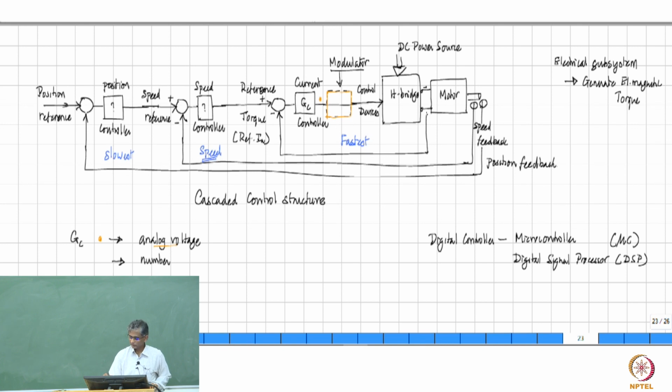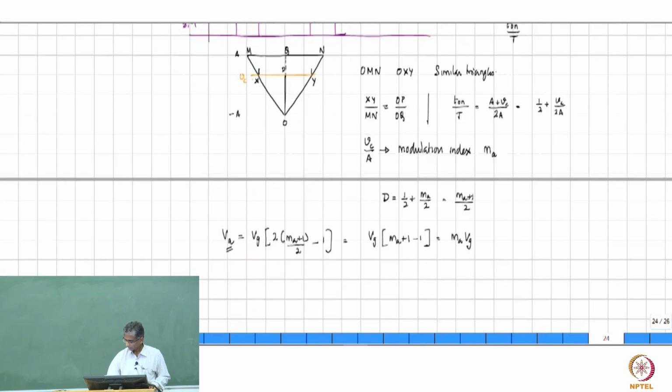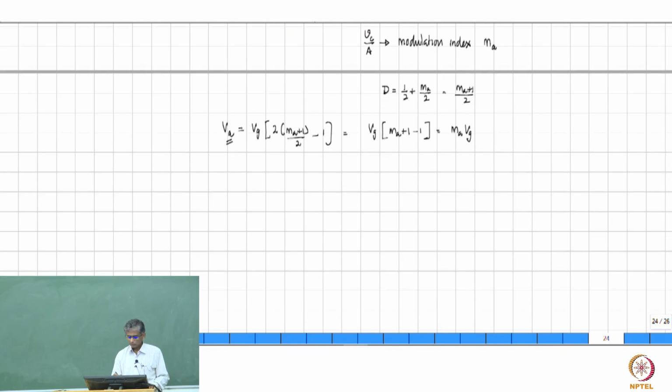And you need a mechanism to measure the flow of armature input current. So those are additional stuff that one might need, right? So this is the way a DC motor control structure looks like.